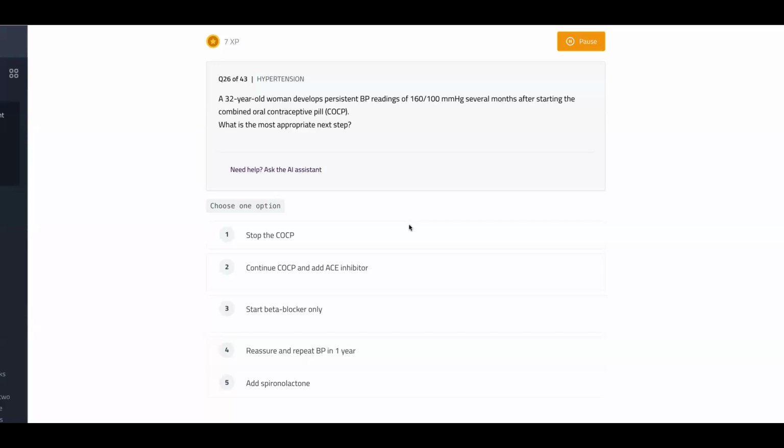Secondary to the combined pill. Stop it. Yes, treatment of secondary hypertension is treatment of the underlying cause.